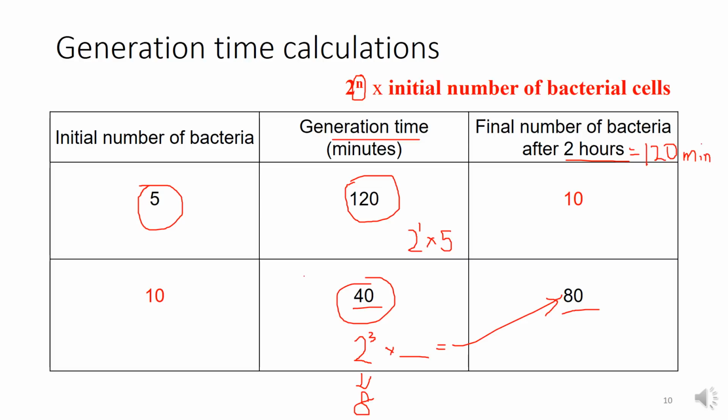So you started with 10 bacterial cells, which has a generation time of 40 minutes, and after 2 hours you get 80 cells. Hope you understand how to calculate generation time, or how to calculate the number of bacteria after a certain period of time given the initial number of bacteria.